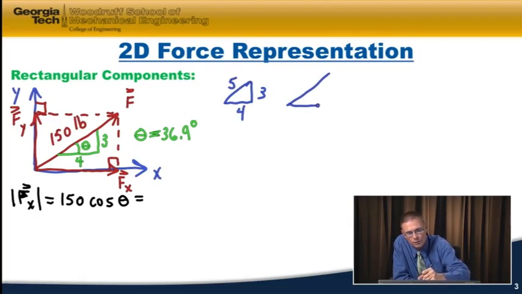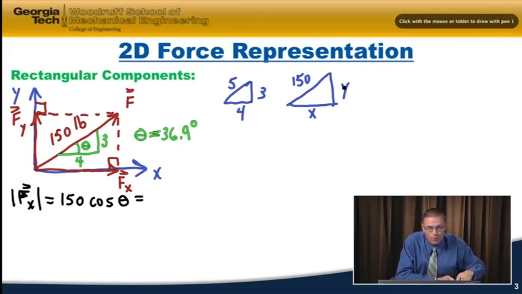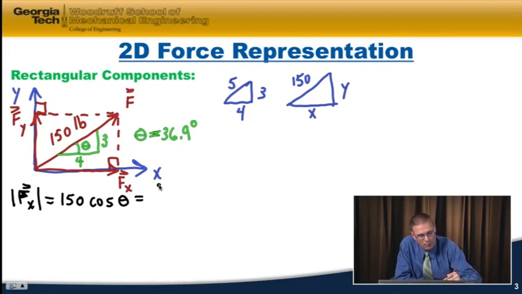Our force is a 150-pound hypotenuse. And so we want to find the x component and the y component. We're going to do the x component at this point. So for the x component, it's going to correspond to the 4 side. So it's 4/5 of F, or 4/5 of 150.